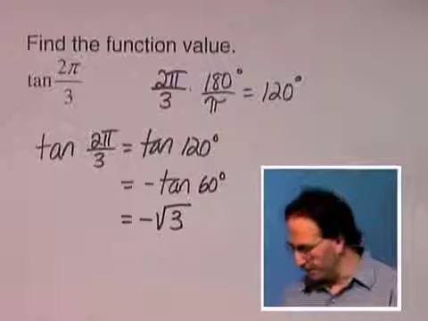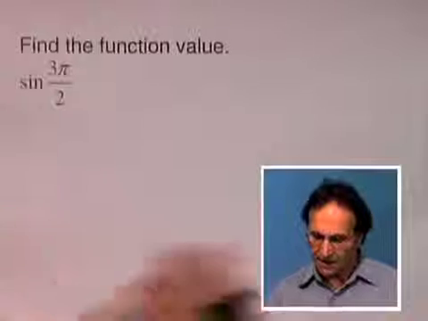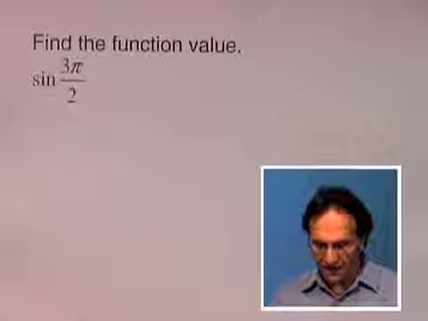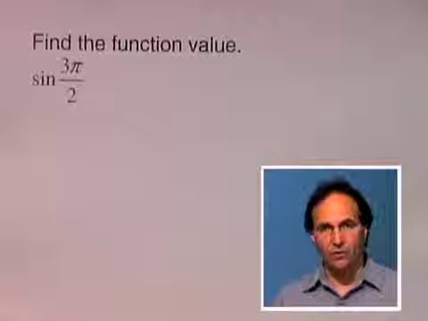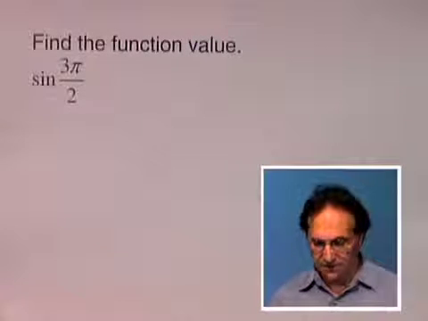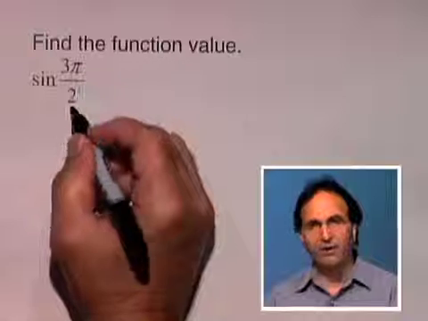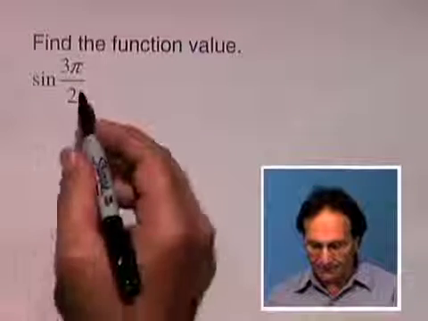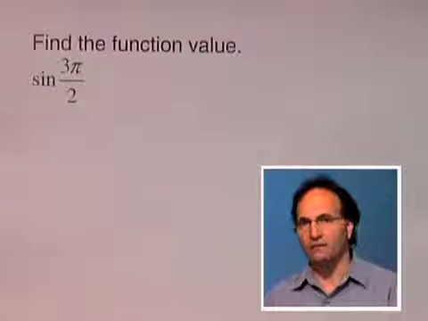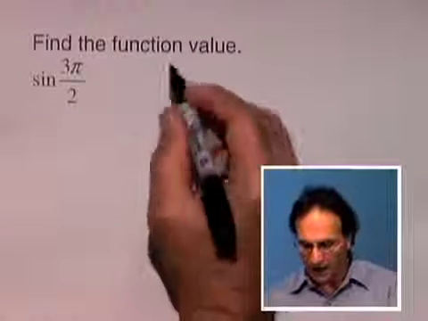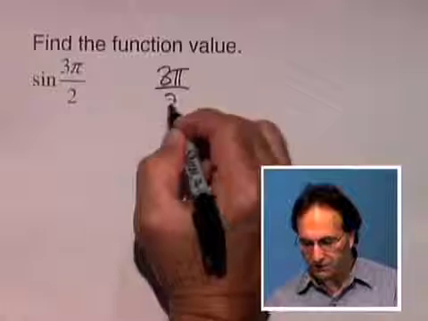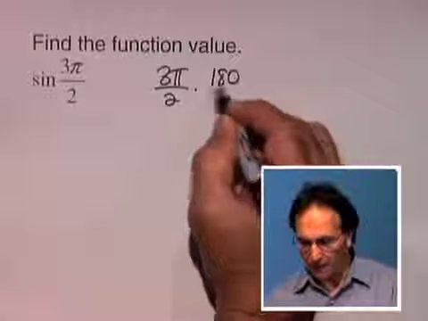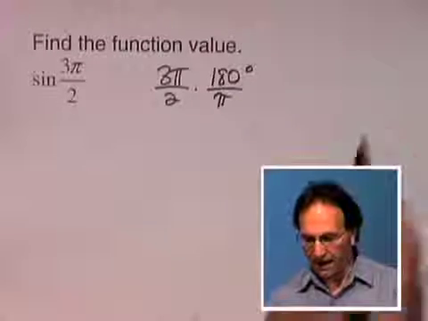Let's work another one. Here we want to find the function value for the sine of 3 pi over 2. Well, what's good about this particular example is 3 pi over 2 is a quadrantal angle. Perhaps you remember that it's equal to 270. If you do not, then you need to do the conversion by multiplying 3 pi over 2 times 180 over pi.